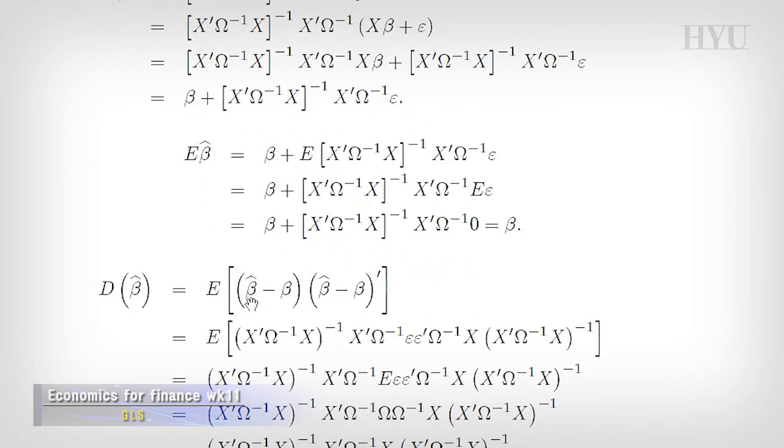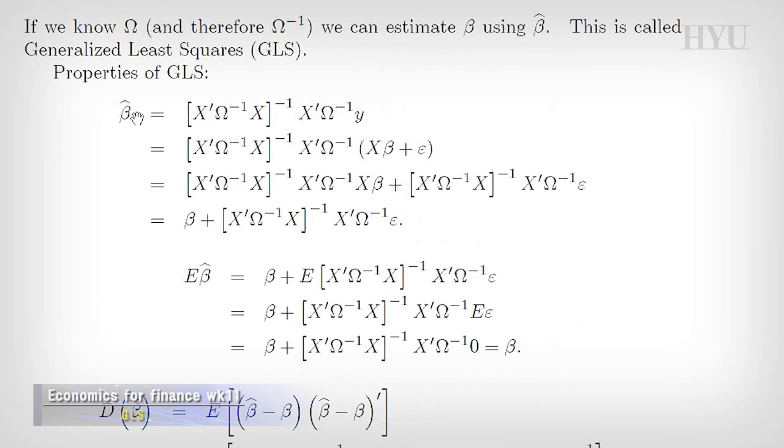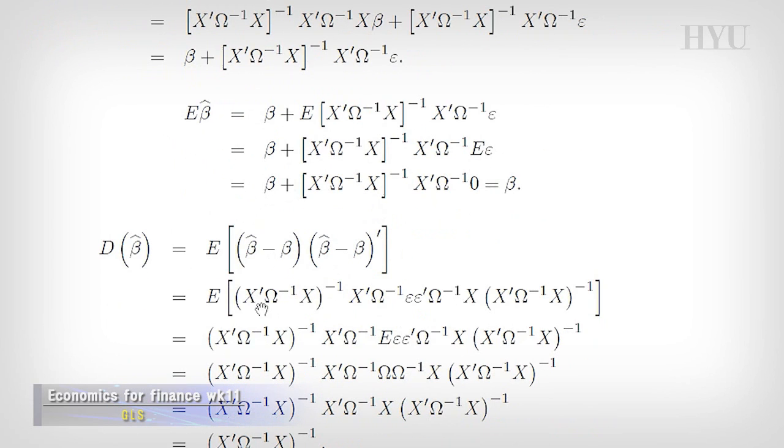Next we want to calculate the variance covariance matrix of beta hat. It is basically beta hat minus beta times beta hat minus beta, transposed. And we know beta hat minus beta is simply this term. So we have this and its transpose, and we can put the expectation inside.